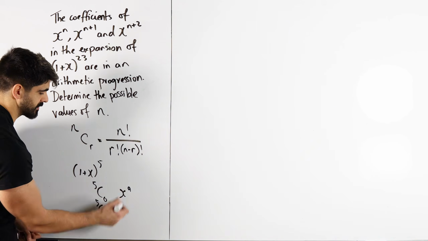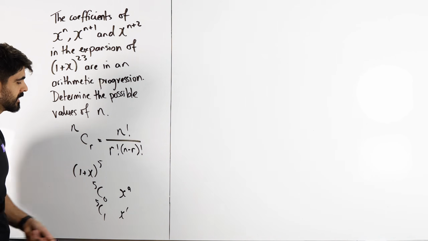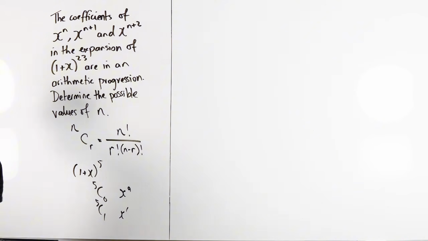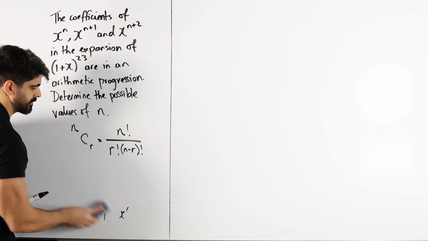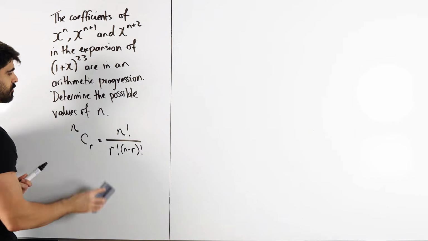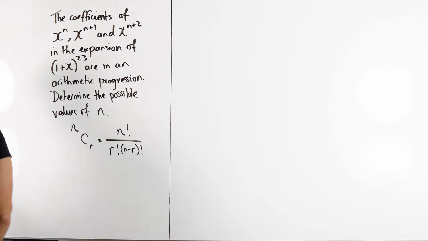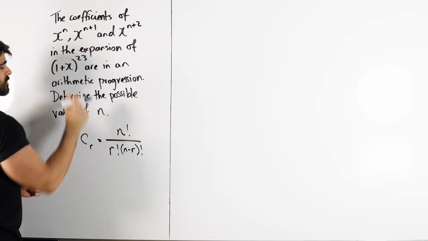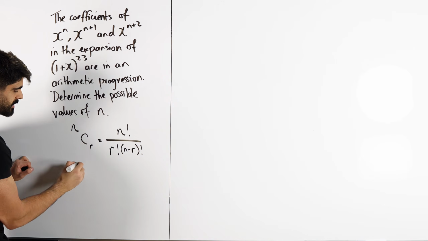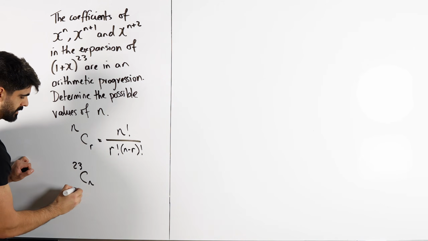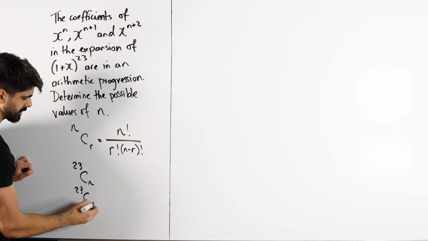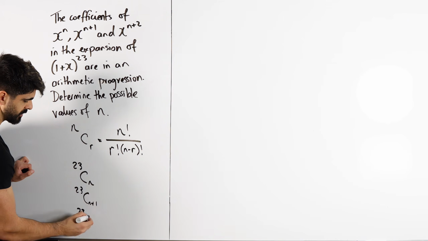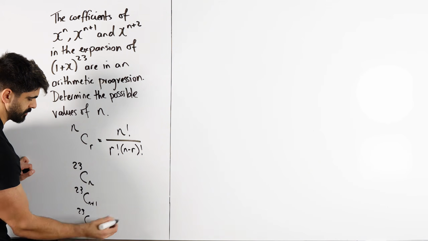So this would be the x power of 0 term, this would be x power of 1 term, etc. So in our case, n is 23 in this case. So we're going to do 23 choose n, 23 choose n plus 1, and 23 choose n plus 2.